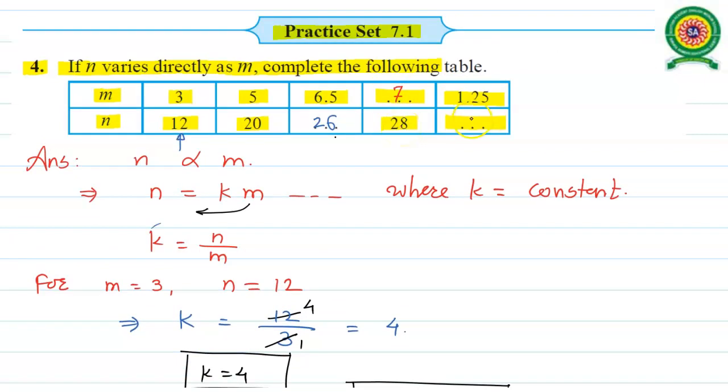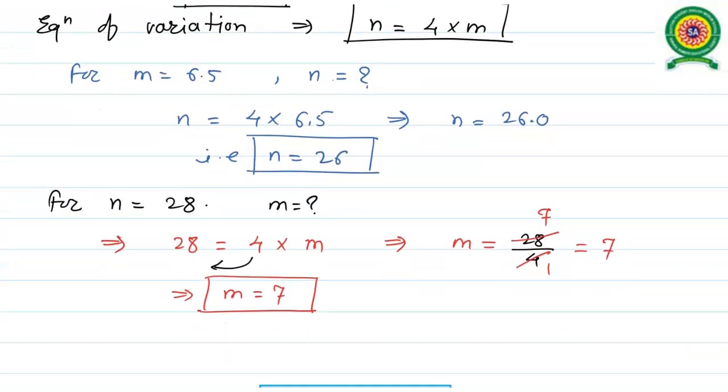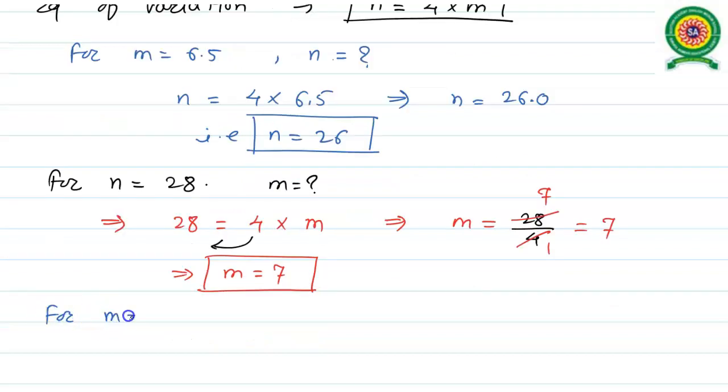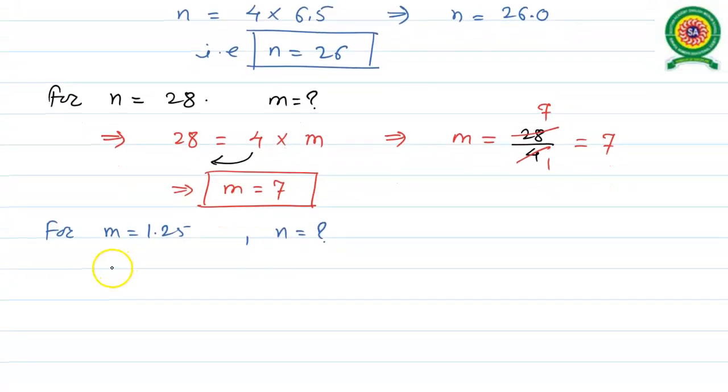Now be focused, we have to evaluate the n value when the m value is 1.25. For m equals 1.25, let us evaluate n. The equation of variation is n equals 4 into m.